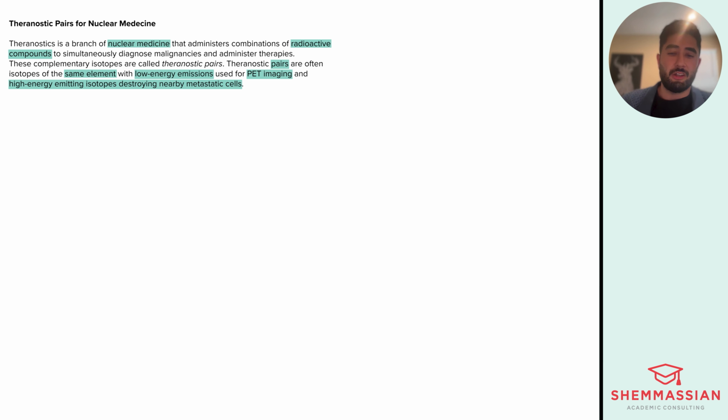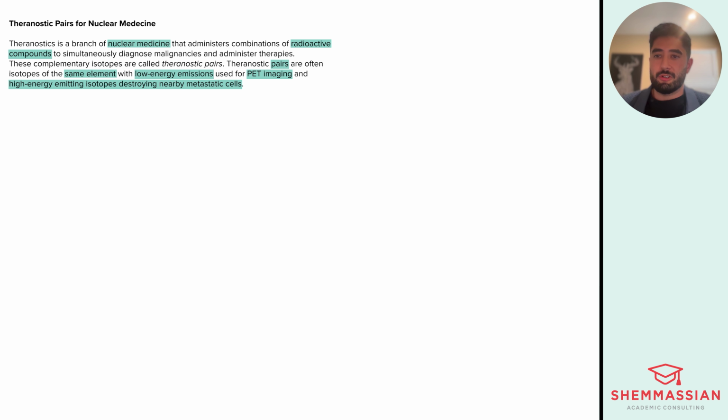They give us topics that will guide us in the main idea or concept that's going to be related to this paragraph. In this case, nuclear medicine and radioactive compounds. When you see that, that should put your mind into a very specific bucket. This paragraph is going to be about nuclear medicine, radioactive compounds, half-lives, isotopes, things like that.